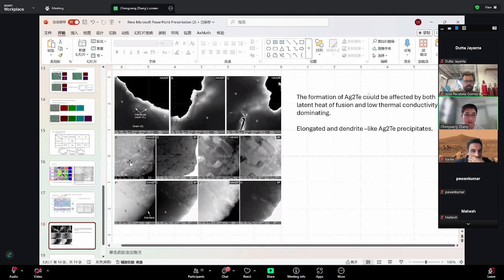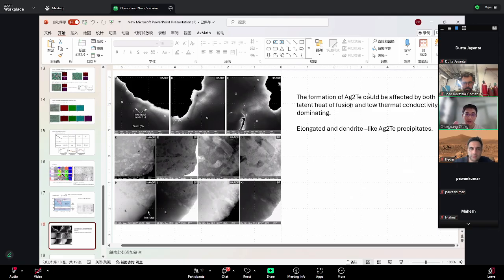The formation of the silver telluride here might be dominated by the low thermal conductivity and also the latent heat of fusion. During the solidification process, the latent heat is released inside your material, but the thermal conductivity of the material itself is low.